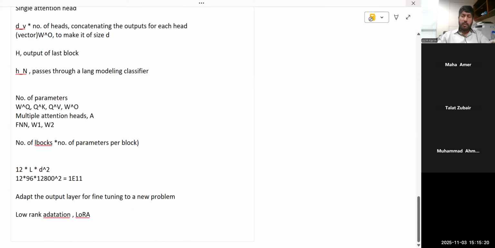ठीक है. तो इसमें क्या होता है, remember we have all those parameter W's, WQ, WK, WV, WO, W1, W2, ये W's हैं हमारे पास. ठीक है.